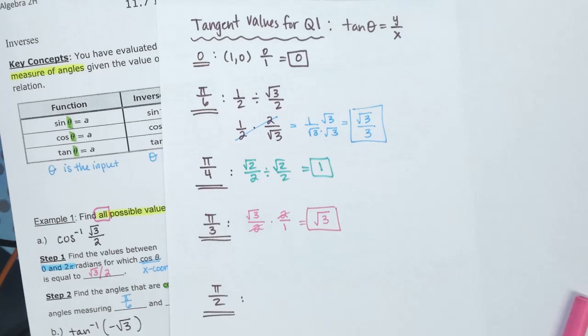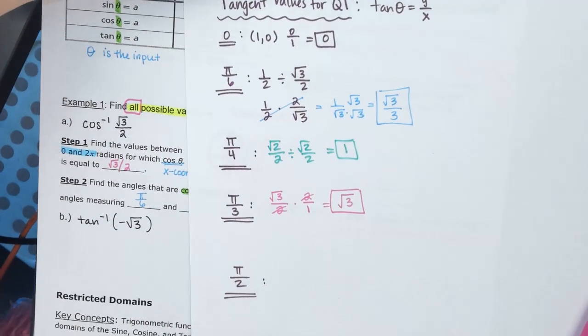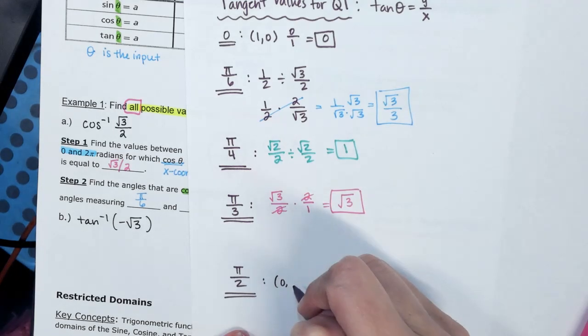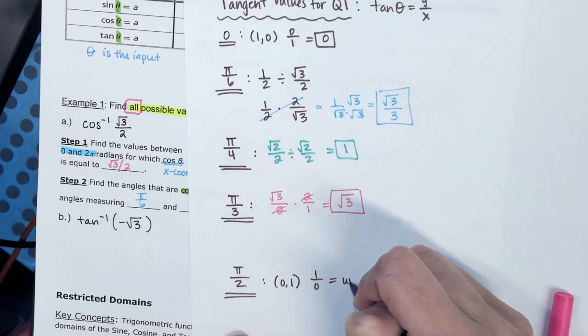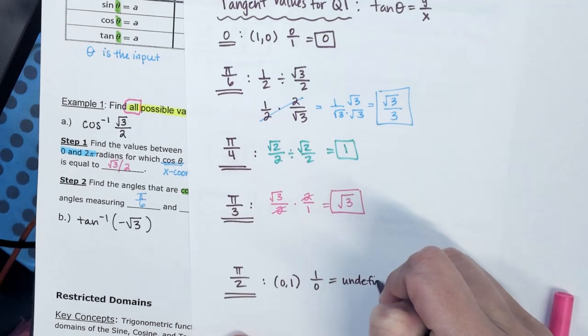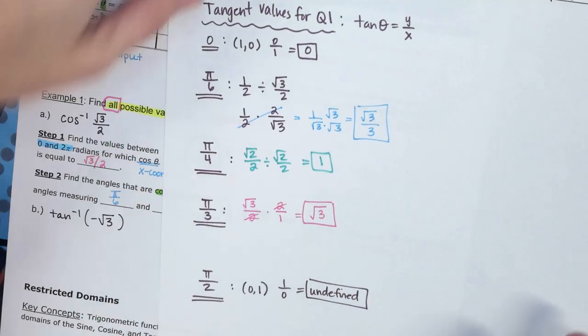Okay, so we should have root 3 over 3, 1, and root 3. And then at pi over 2, you have 0, 1. So when you divide by 0, what's your final answer? Undefined.